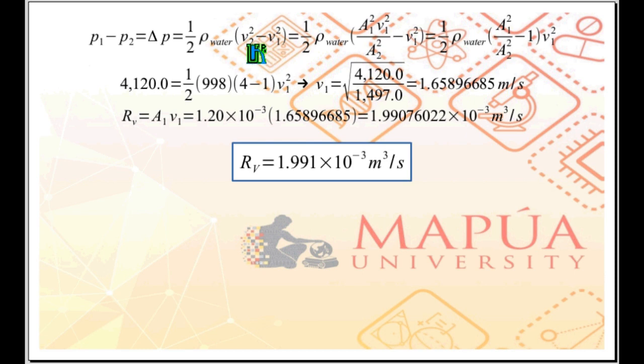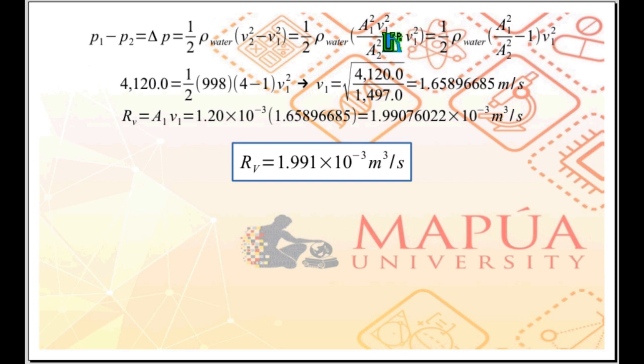V2 we know to be A1 V1 over A2. So V2 squared is A1 squared V1 squared over A2 squared. Delta P therefore is equal to 1/2 rho water times A1 squared over A2 squared minus 1, times V1 squared.